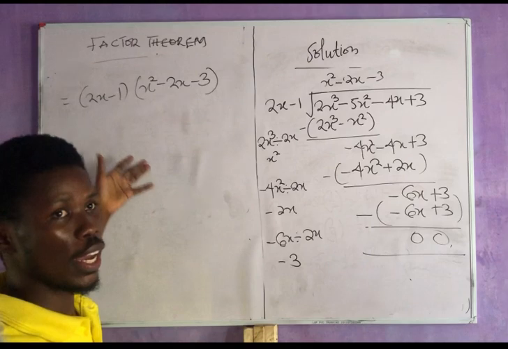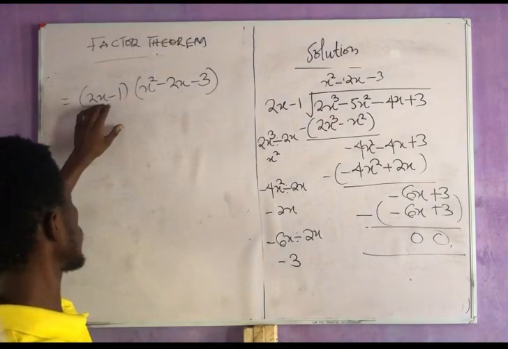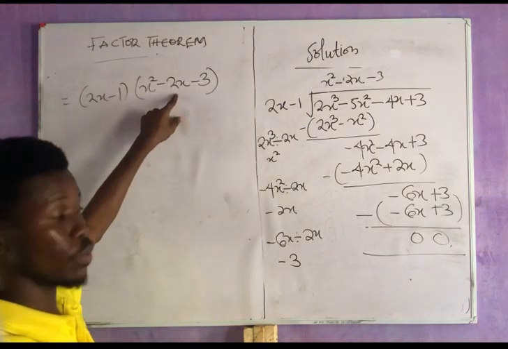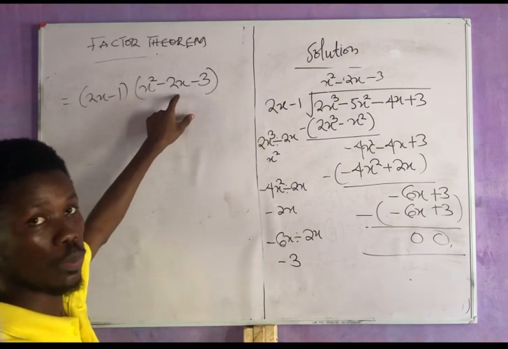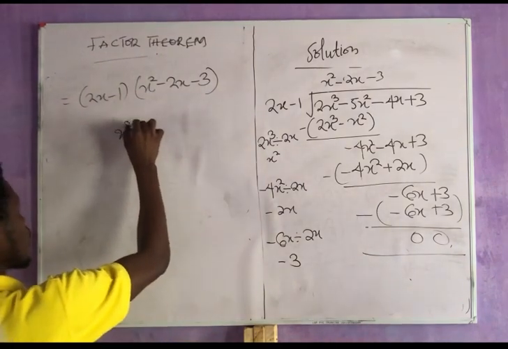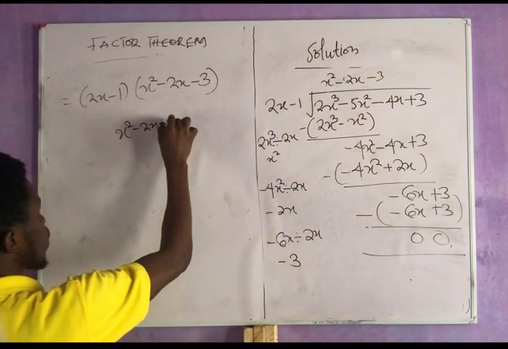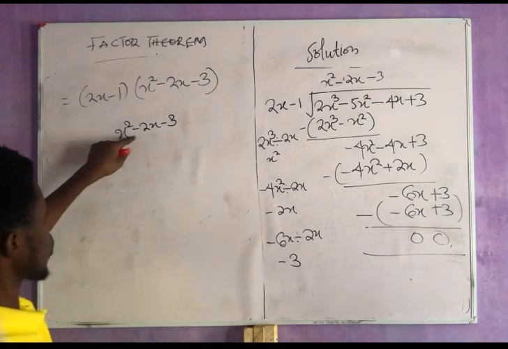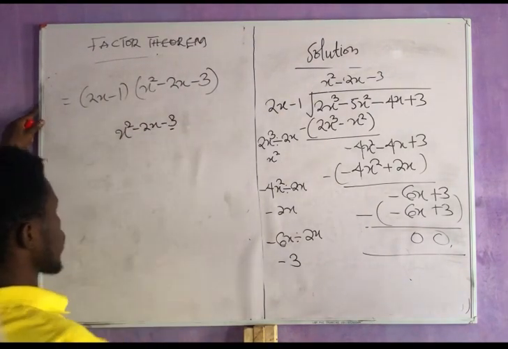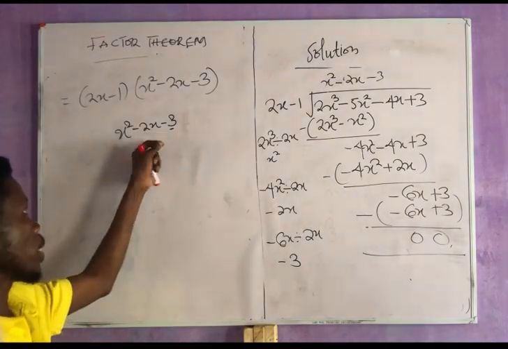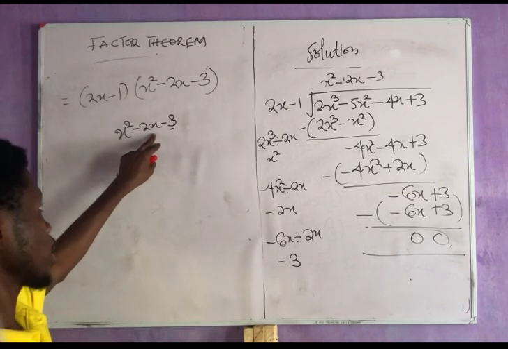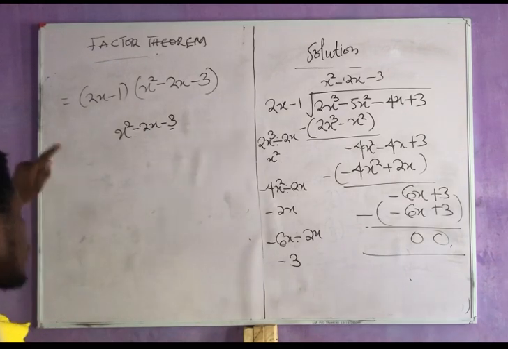Okay, so one of the factors has already been given, which is 2x minus 1. And this is our quadratic what? Expression. So we can easily solve this quadratic expression. So let's solve that. We have x squared minus 2x minus 3. Now we look for factors of 3 such that when I add them, I'll get negative 2, but when I multiply, I'll get negative 3.